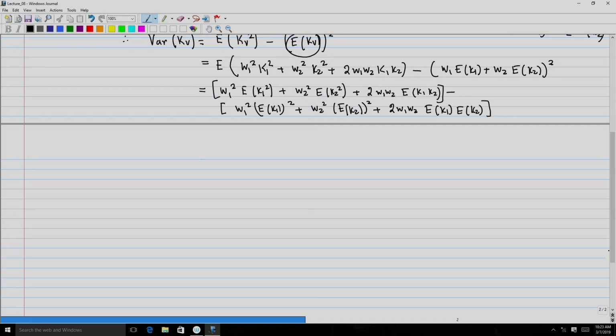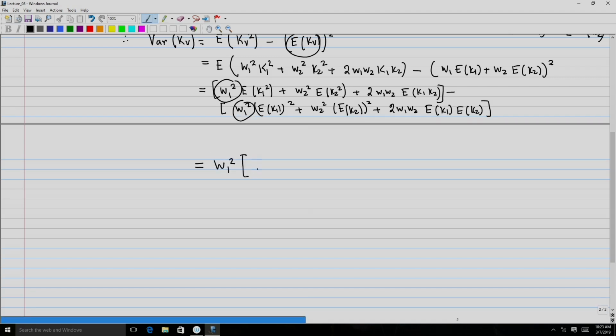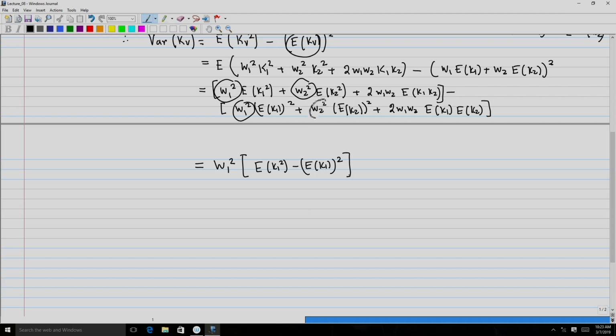Continuing with this, we will combine terms. Let us combine the W1 square term first. We will get W1 square multiplied by E of K1 square minus E K1 whole square. Then we will consider the W2 square term.